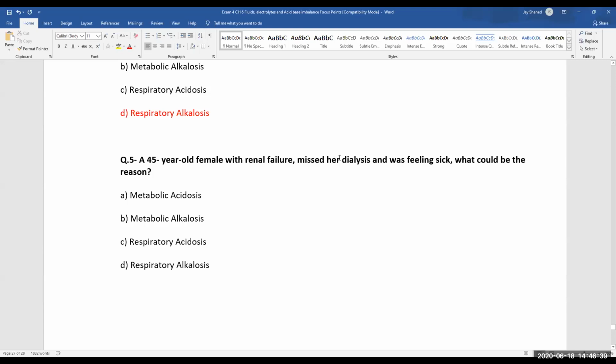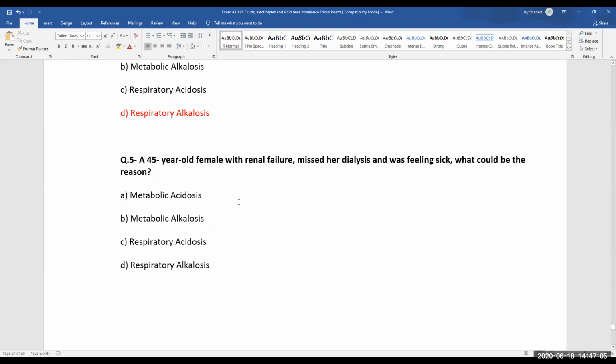So when you miss your dialysis, what happens to you? You retain what? Hydrogen ions. You retain acid. You're unable to reabsorb base.